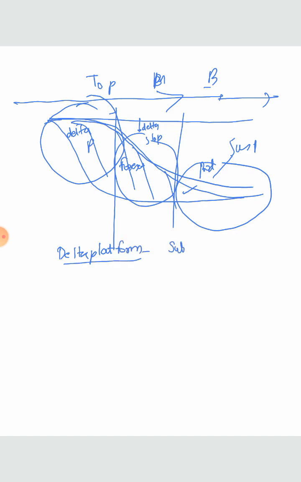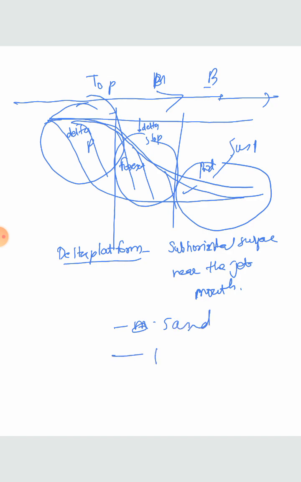This is a sub-horizontal surface near the jet mouth and made up of sand, and traversed by the distributary channel.